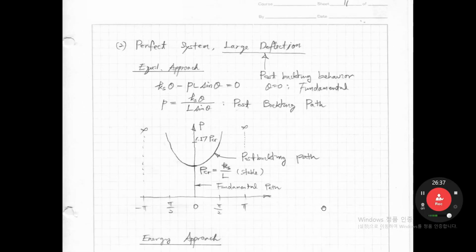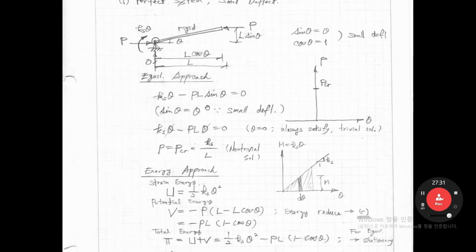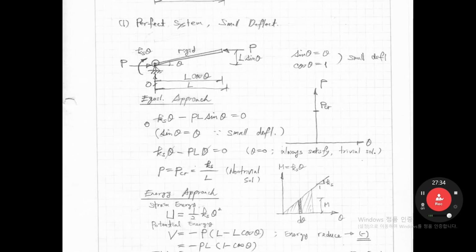So next problem, we assume a perfect system, but assume a large deflection problem. So in a large deflection problem, what happens? Sine theta stays sine theta, right? Cosine theta stays cosine theta. That is large deflection. So we handle the perfect system. That means we can get PCR. The equilibrium equation, this one, okay?